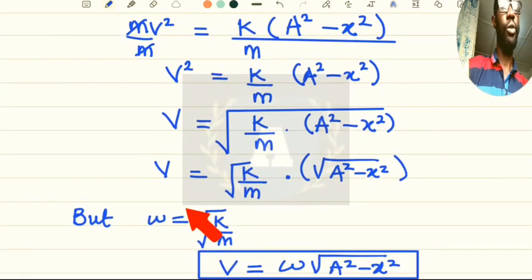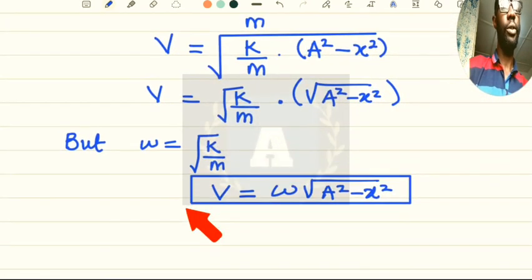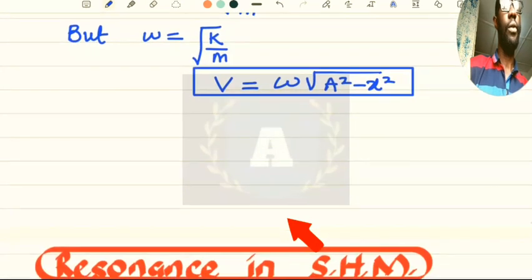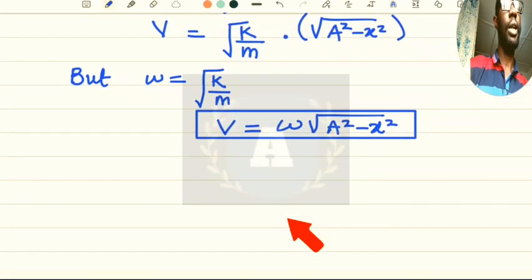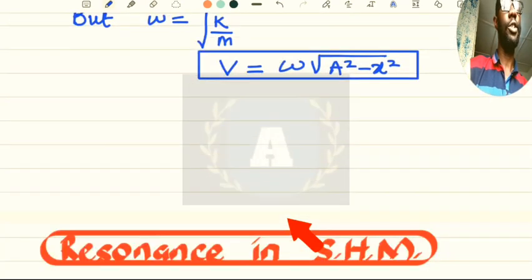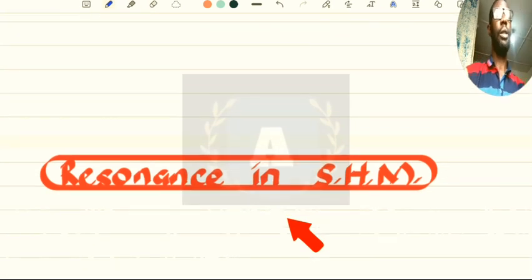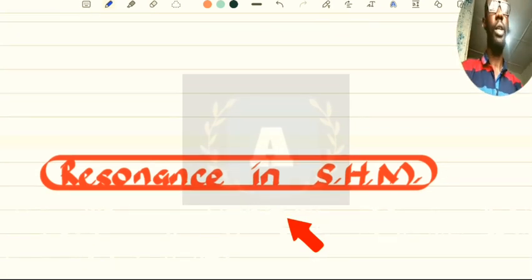So we've seen the equation giving us the expression for instantaneous velocity for a system undergoing SHM, simple harmonic motion.